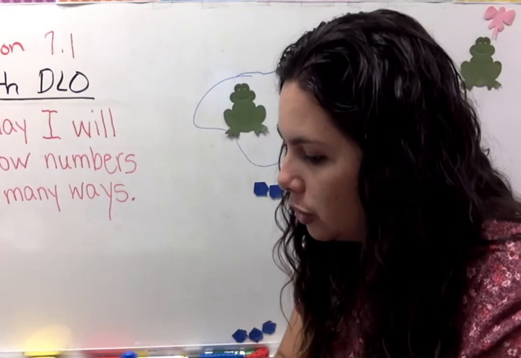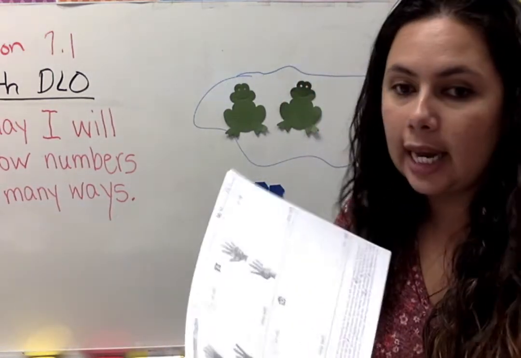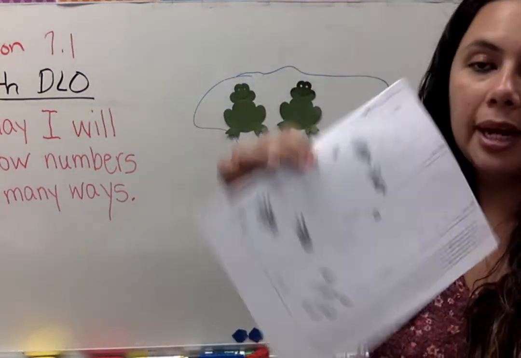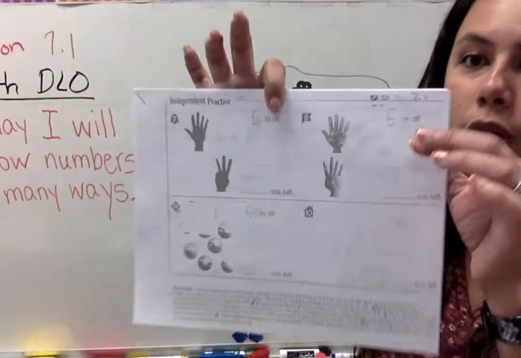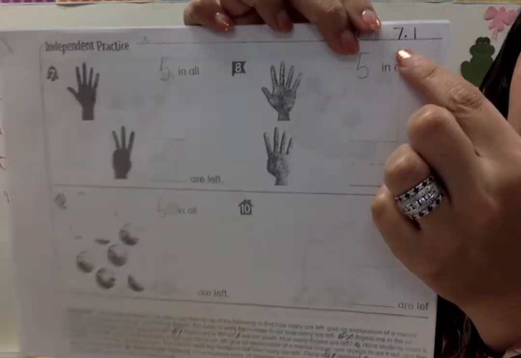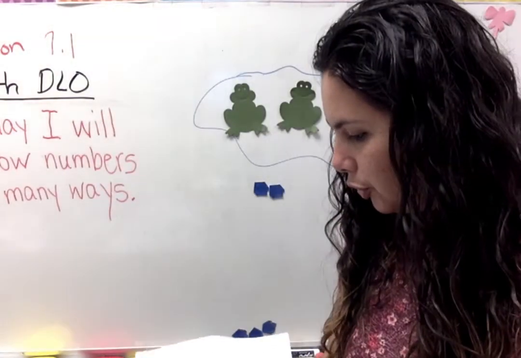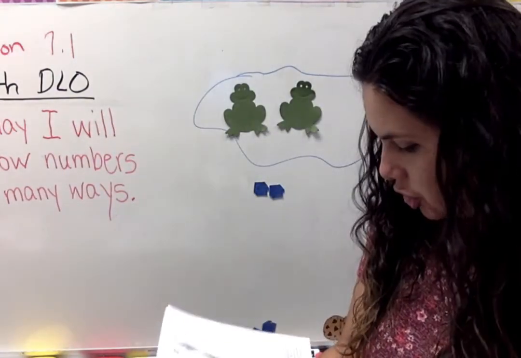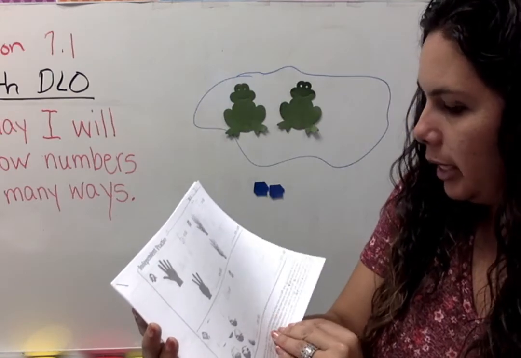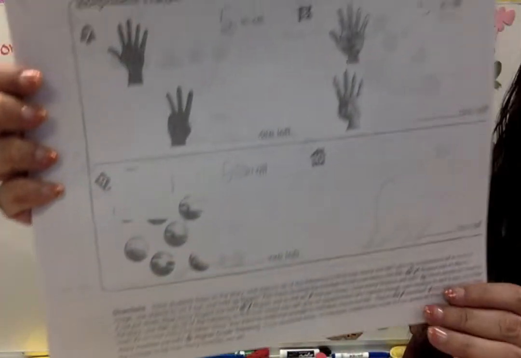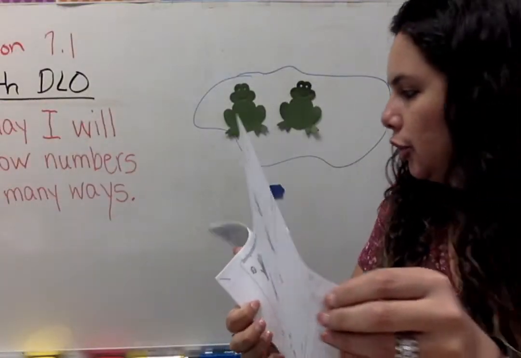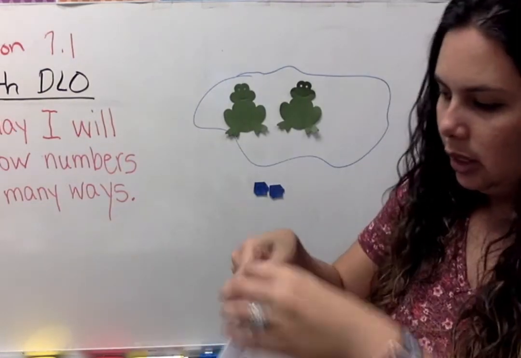So what you're going to do today is you are going to take out your independent practice worksheets that we sent you. You're going to take out the one that says 7.1. We've already finished the other one. And you're going to do page... Oh, it doesn't have a page number. You're going to do this page right here. And you're going to do this one right here.